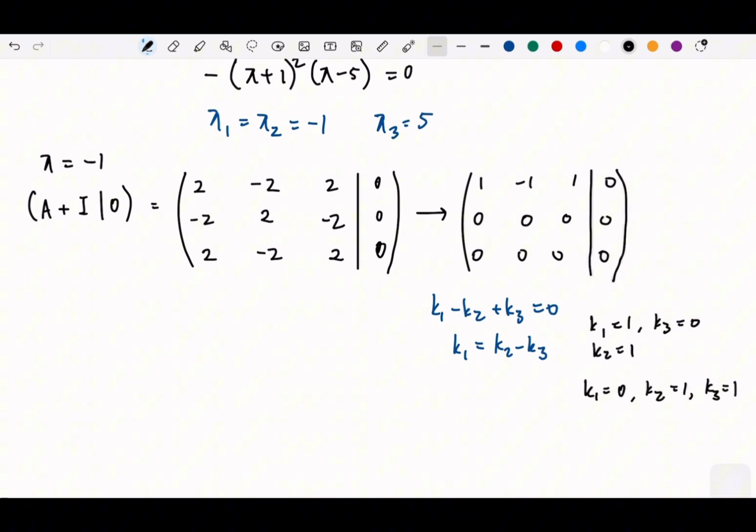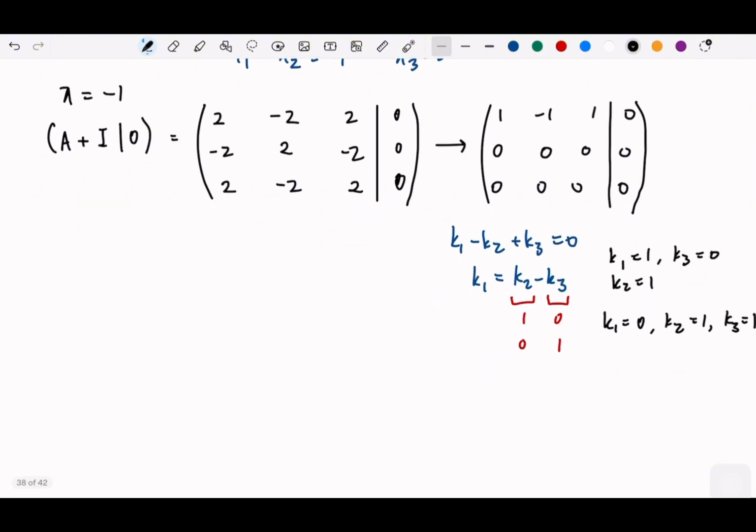So we let k2 and k3 be our choices. We choose k2 and k3, either 1 0 or 0 1, and then it will give k1, just to make sure that we have proper combinations.